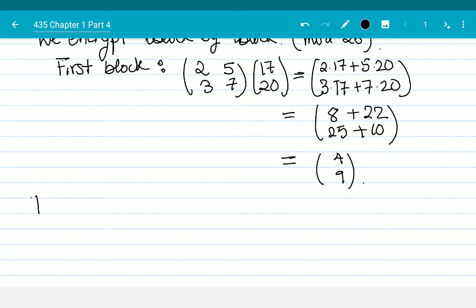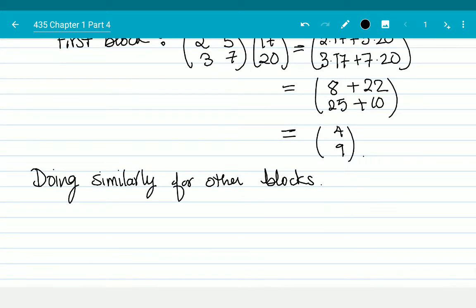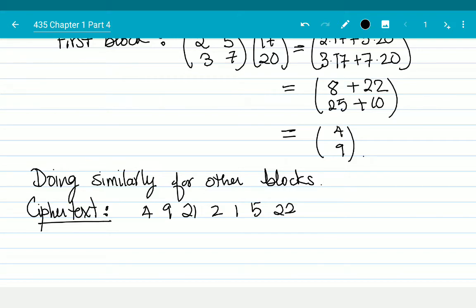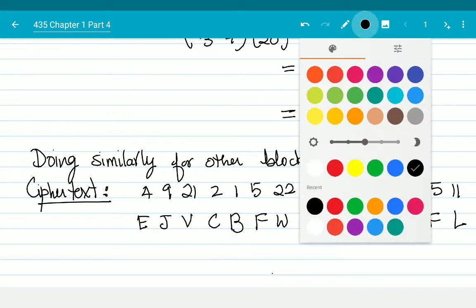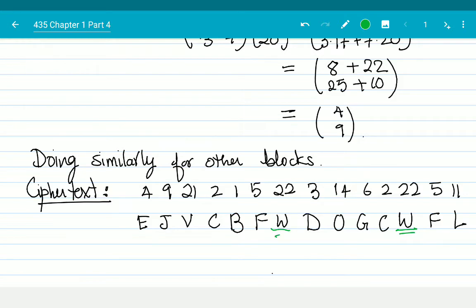Doing similarly for other blocks, I get my ciphertext to be 4, 9, 21, 2, 1, 5, 22, 3, 14, 6, 2, 22, 5, 11, which becomes E, J, V, C, B, F, W, D, O, G, C, W, F, L. So once again, technically this letter and this letter are actually different.